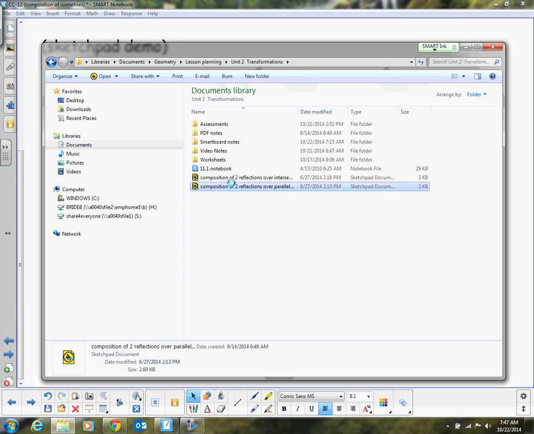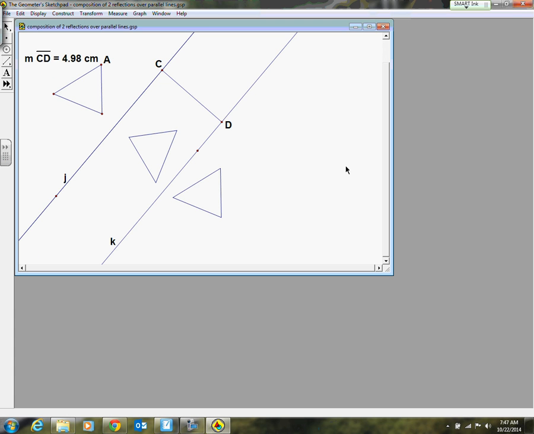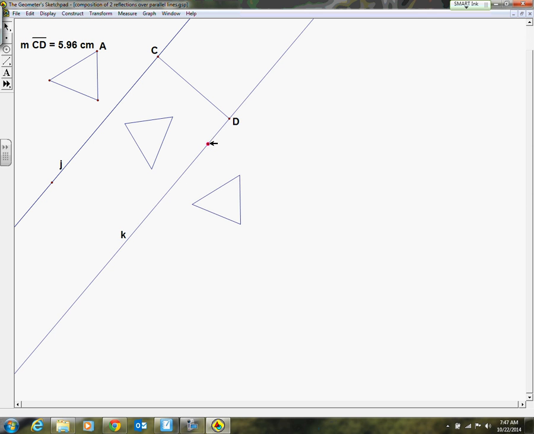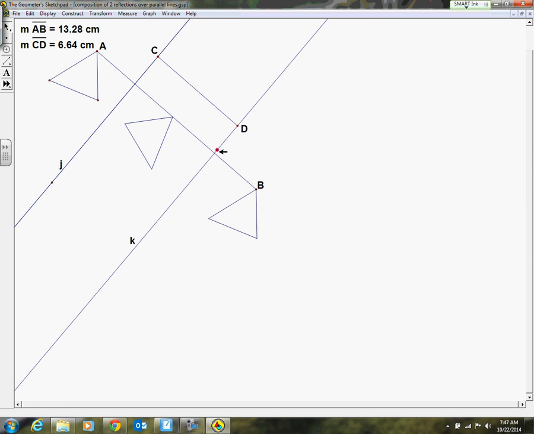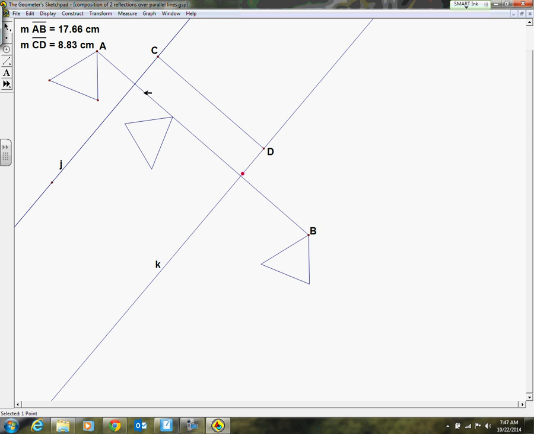Composition, there we go. All right, so if I make this bigger, so Carlin can see. Look what happens if I were to drag this line. Didn't change this reflection at all, did it?